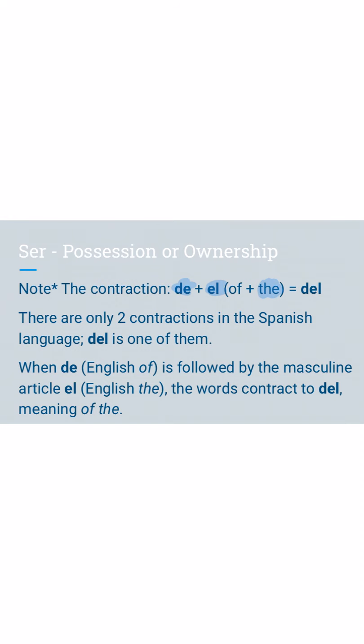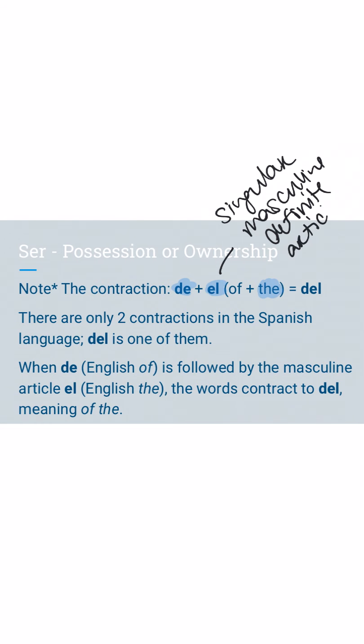So this el is simply my singular, masculine, definite article. Not, read it, not él, which is equivalent to he. All right, so big warning there, not él, which is he. Okay, instead we're talking about, again, that singular masculine definite article, el.